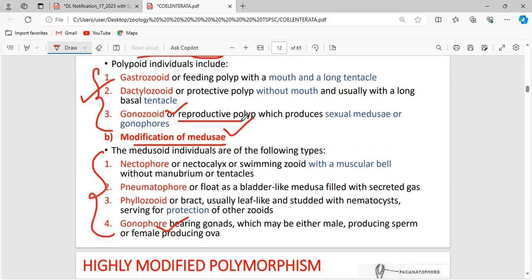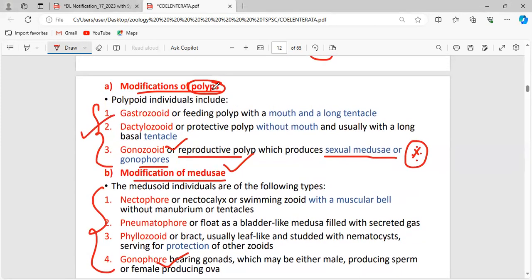It is a reproductive polyp which produces sexual medusae or the gonophores. From this, what you understand is that this polyp is the one that gives rise to the medusa. Clear? The asexual polypoid individuals will develop into the sexual medusoid stage. Clear? Fine.